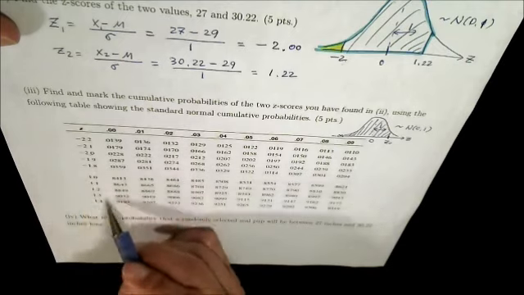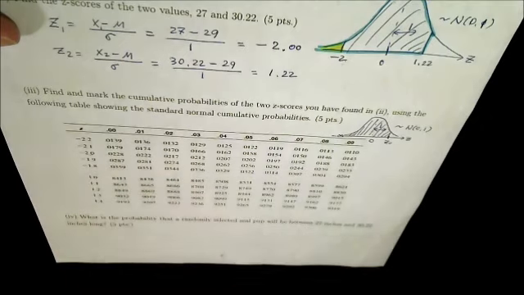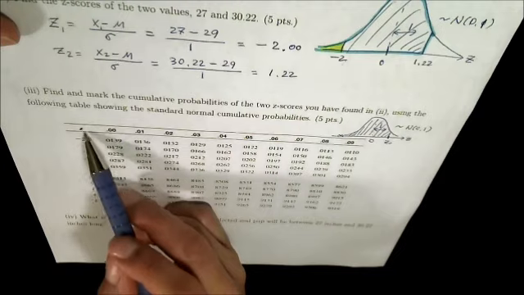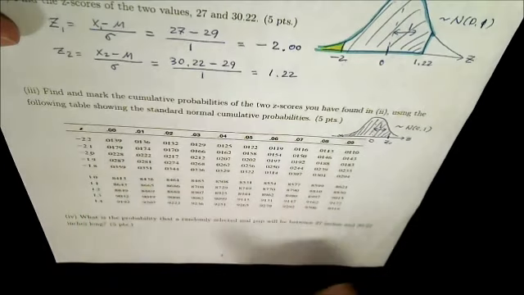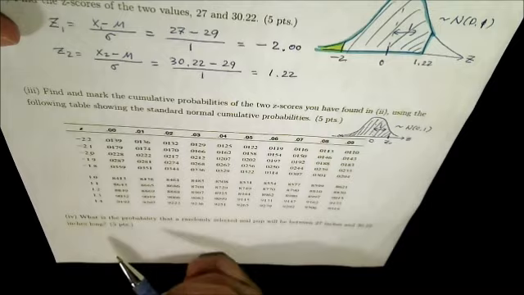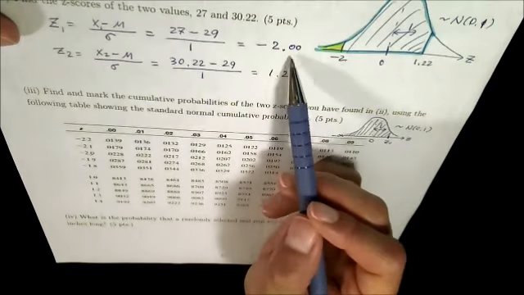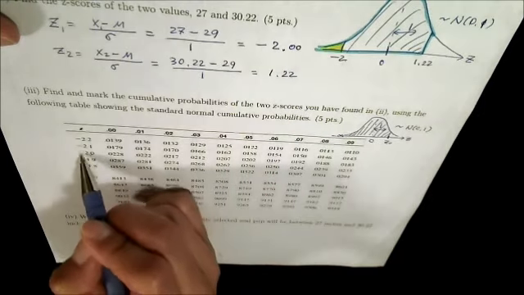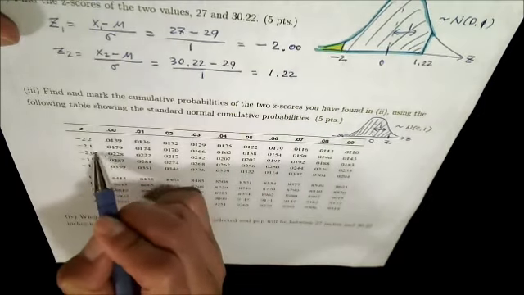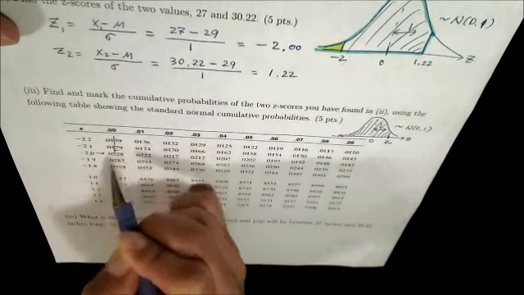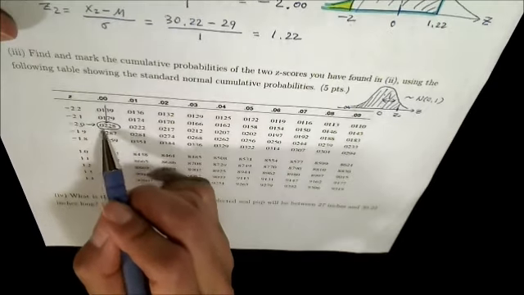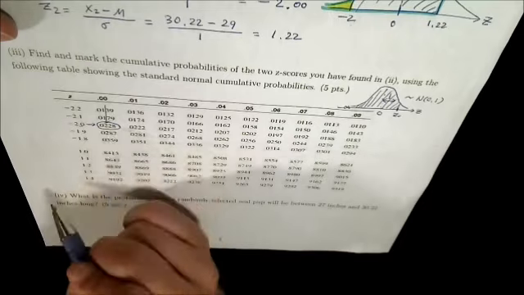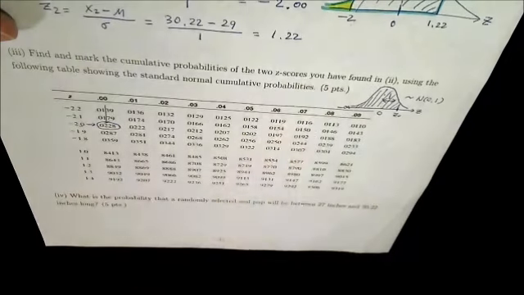The very first column gives you the first two digits of your z-score, and the first row gives you the second decimal number for your z-score. So you have found 0.0228 for this yellow part, right?